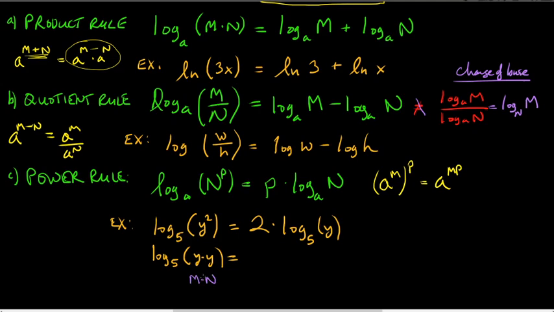They don't have to be different. It's like the 3 and the x here were different, m times n, 3 times x. But here, m and n can be the same thing. They're both y. And if we do that, then this becomes log base 5 of y plus log base 5 of y. That's by the product rule up here.